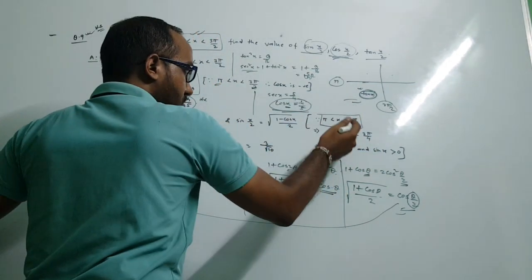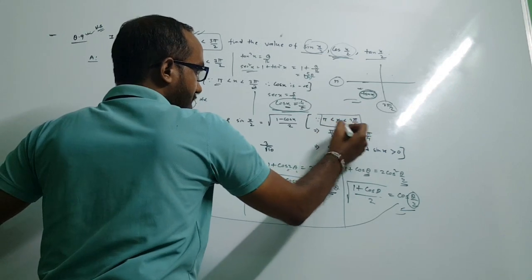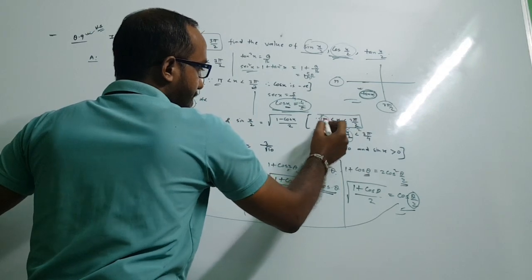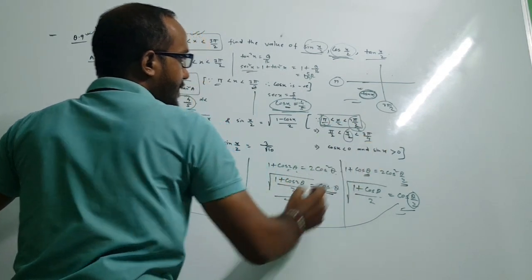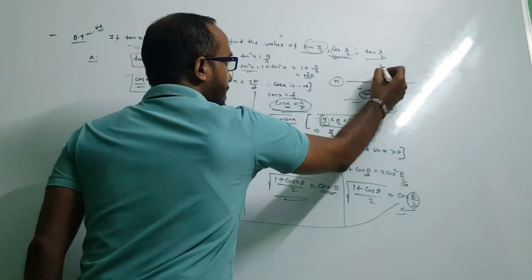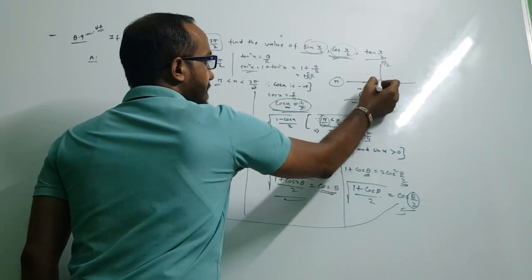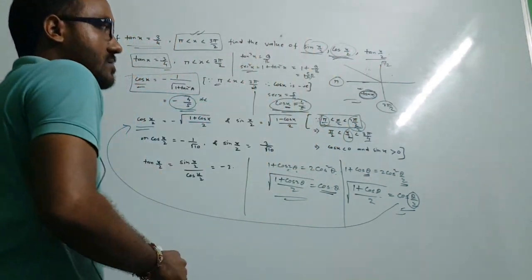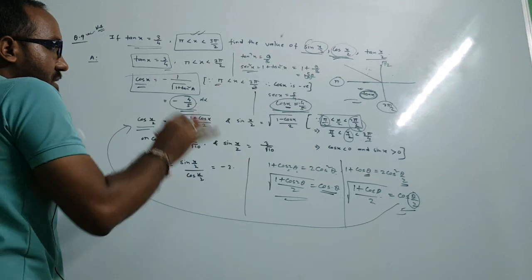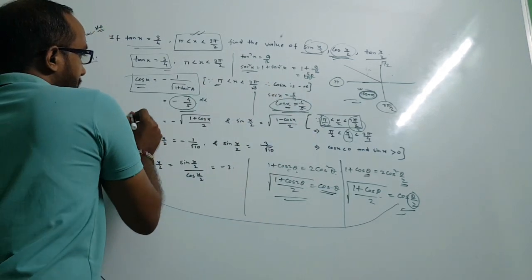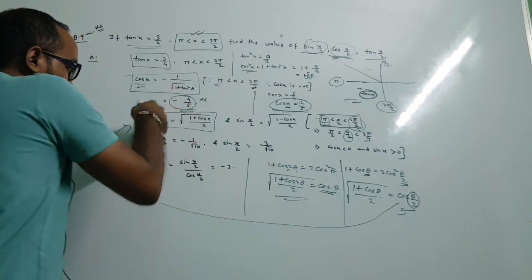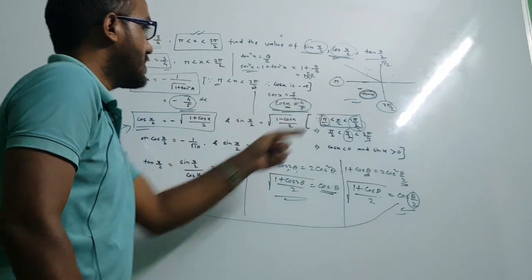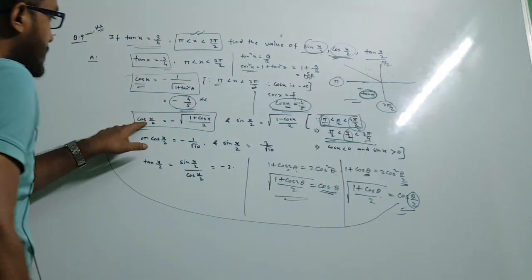So x by 2: if you divide by 2 here, you have to divide by 2 everywhere. Then x by 2 would be between pi by 2 and 3 pi by 4. Pi by 2 is here and 3 pi by 4 is here. That means in the second quadrant. In the second quadrant, cos is negative. That's why we have used minus before the formula, because in the second quadrant cos is negative.